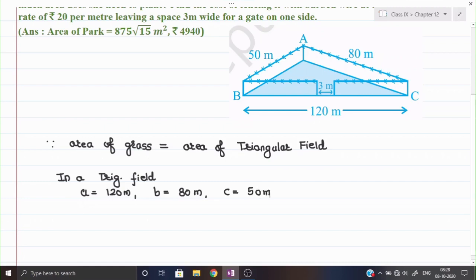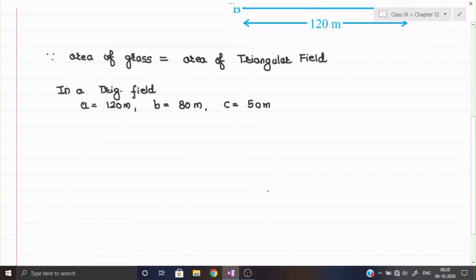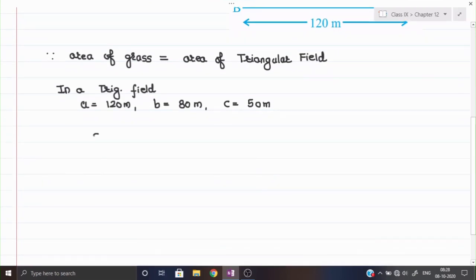Now let us find out the semi perimeter first. So semi perimeter S will be equal to A plus B plus C upon 2.